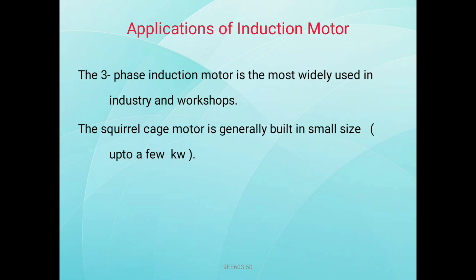The squirrel cage motor is generally built in small sizes up to a few kilowatts. For bigger sizes, wound rotor motors are preferred.